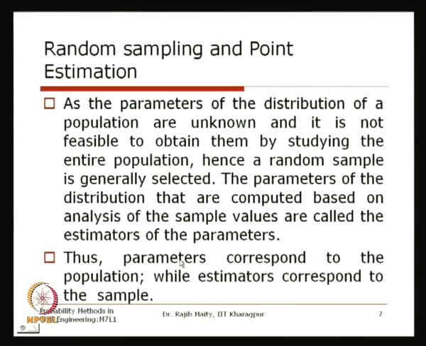So when we are talking about the parameters of a particular probability distribution, that generally corresponds to the population, and when we talk about the estimator, that corresponds to the sample. If we take the example of the normal distribution that you have seen earlier, there are two parameters, one is mu and the other one is sigma square.